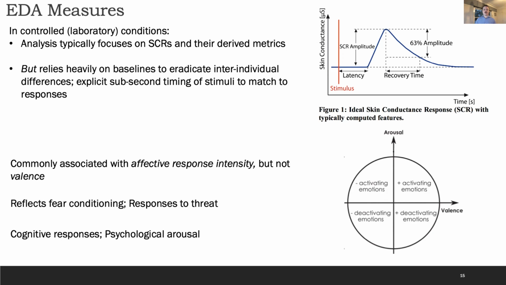Other things that it's commonly associated with are things like fear conditioning. So fearful stimuli or threatening stimuli especially evoke larger responses, but also difficult cognitive tasks. So things with a higher cognitive load will increase the size of these skin conductance responses as well.